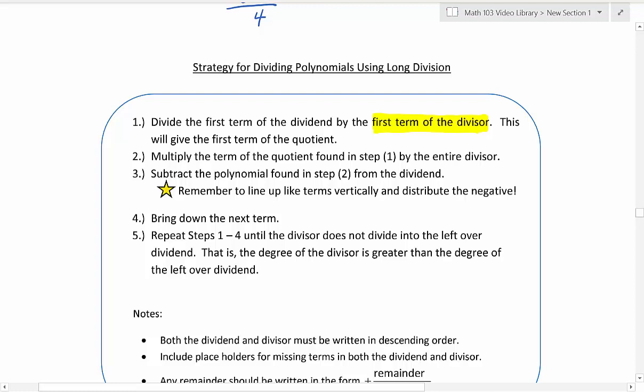You're going to repeat these steps until the divisor does not divide into the leftover dividend. You'll know that it doesn't divide into the leftover dividend when the degree of the divisor is greater than the degree of the leftover dividend. That will become our remainder, and we will rewrite it as a fraction next to our quotient.